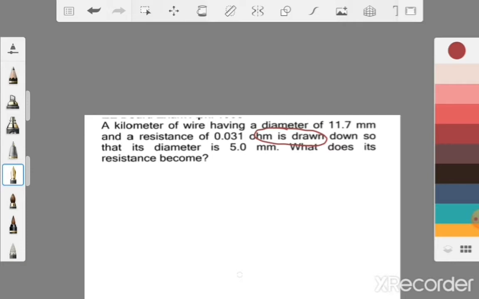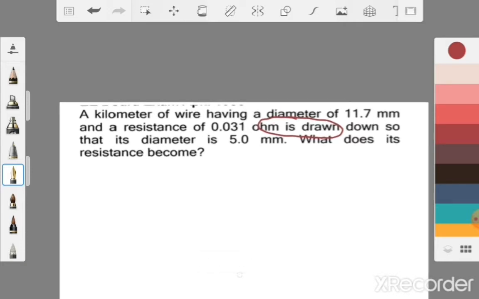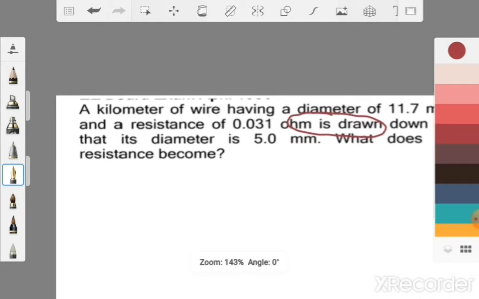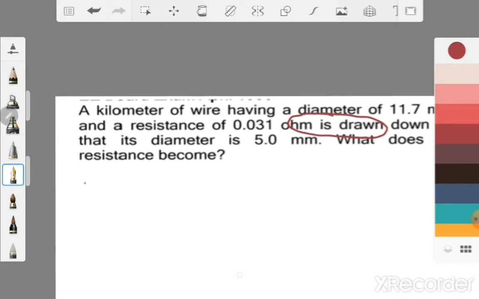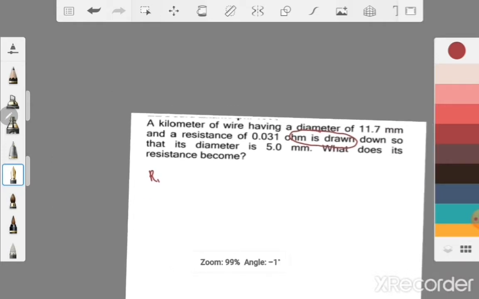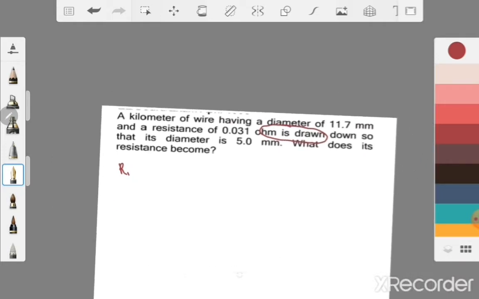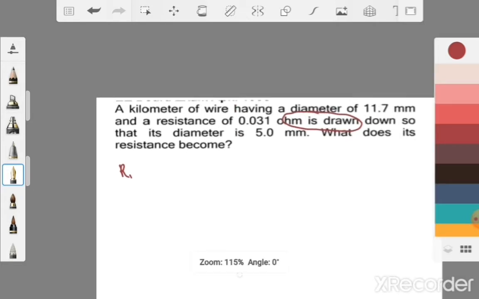So, we have R1 is equal to 0.031 ohm. Diameter is 5.0 millimeter.